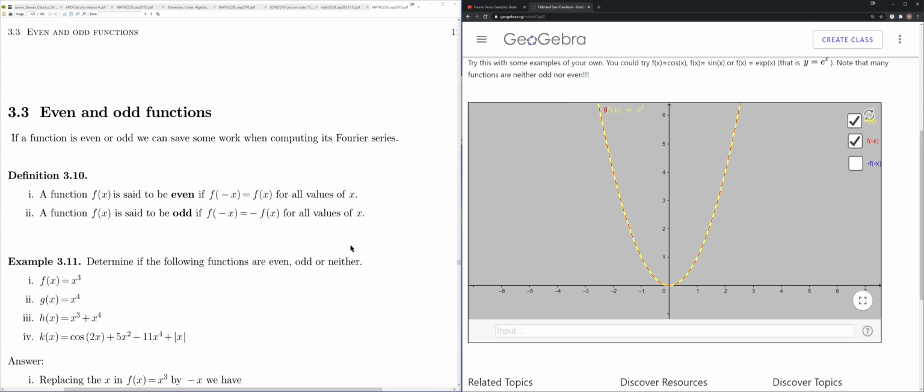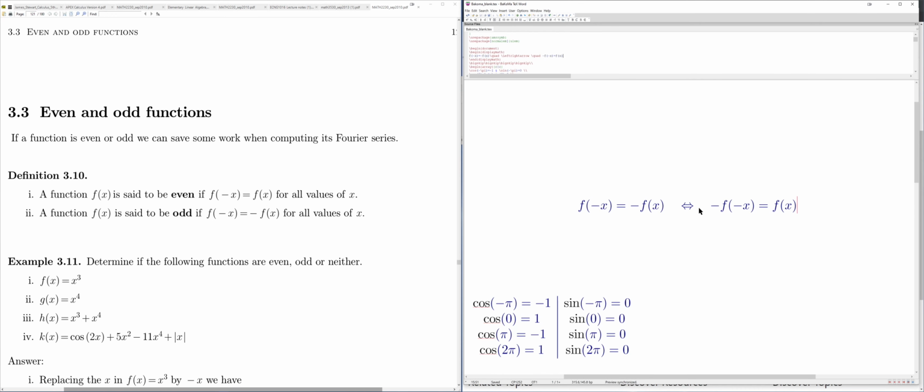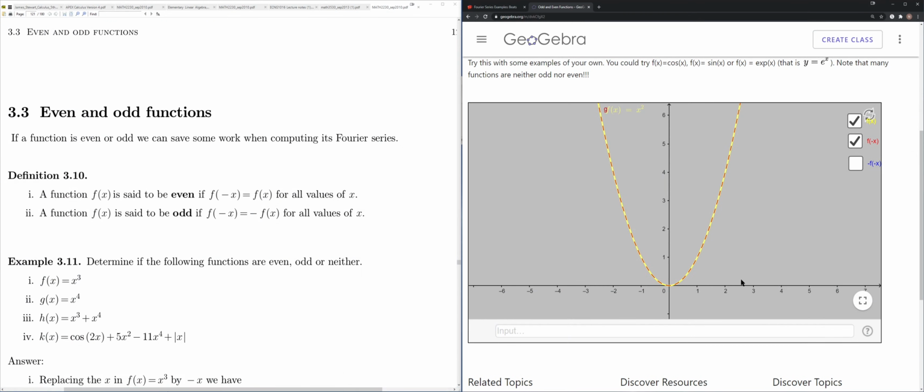I have it written here, but of course I could always just move this minus sign onto the left hand side. So the condition for a function to be odd is that minus f of minus x is equal to f of x.